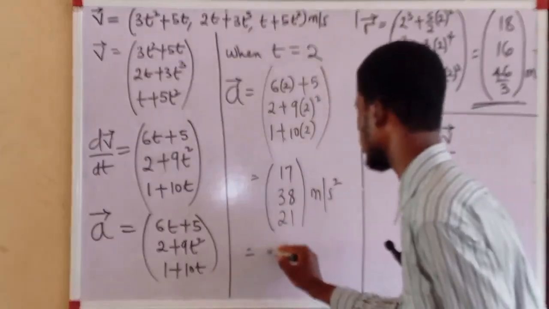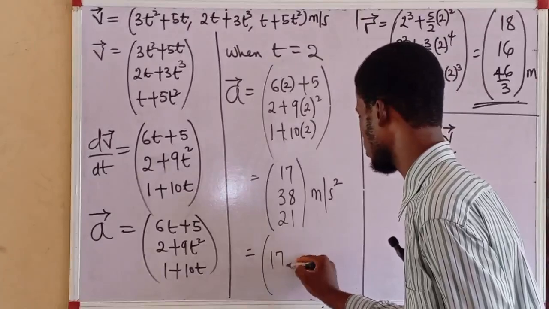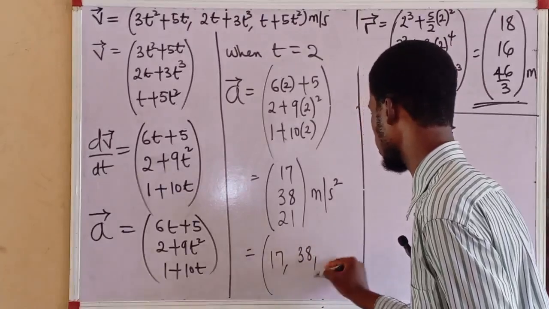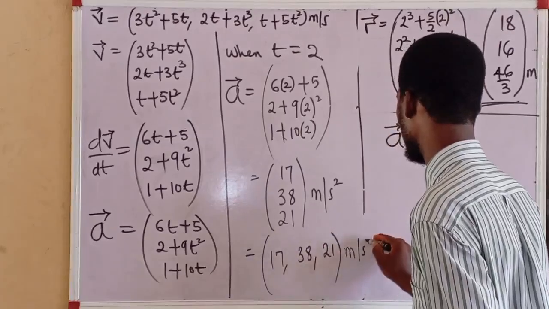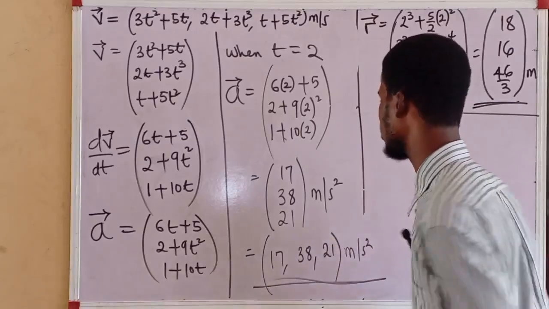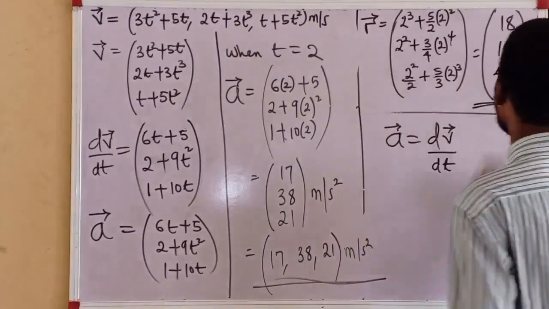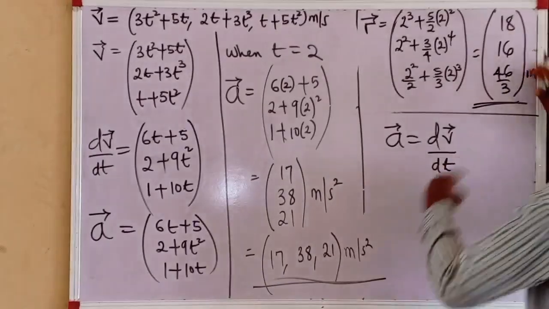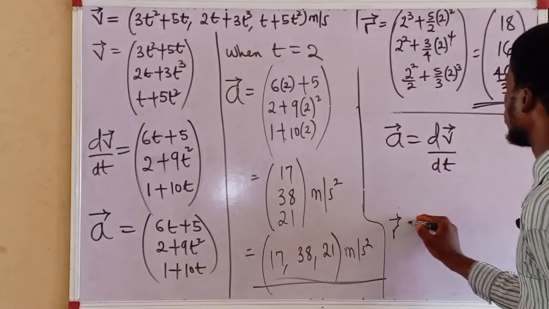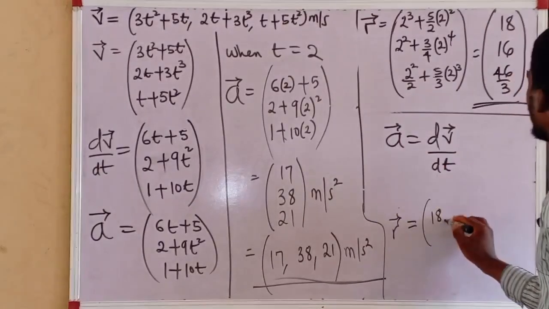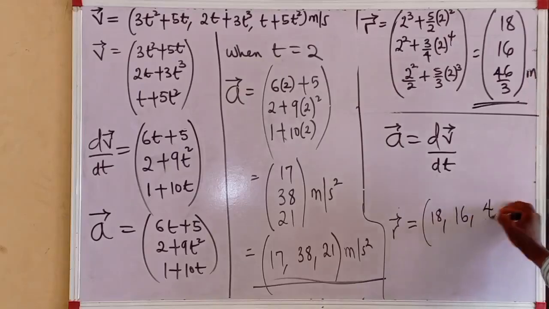And we can write this as 17, 38, 21 meters per second squared. This is the acceleration of the particle. The position is 18, 16, 46 upon 3 meters.